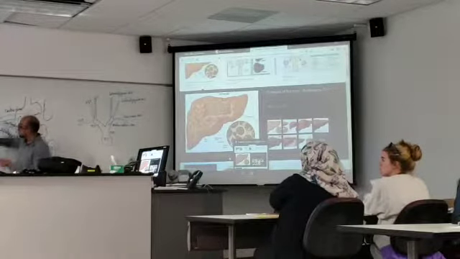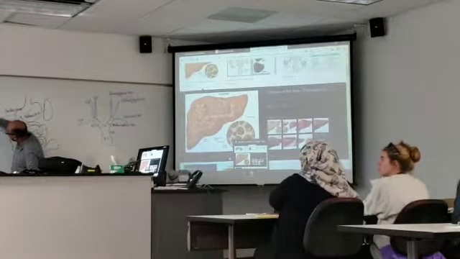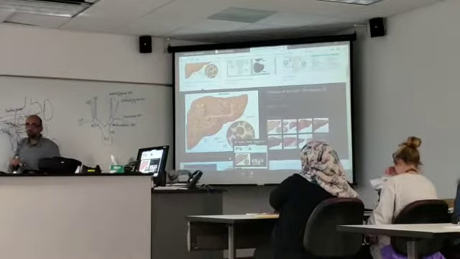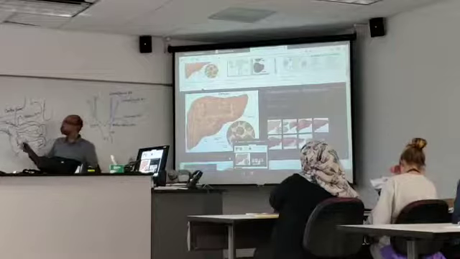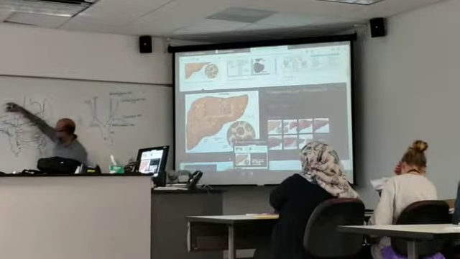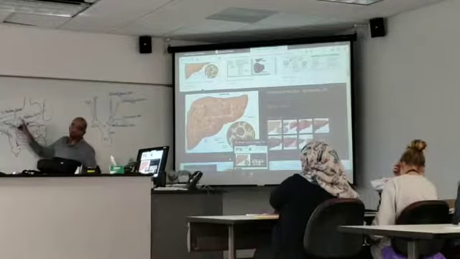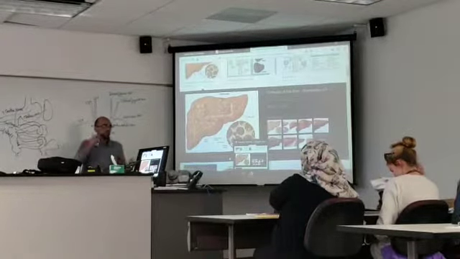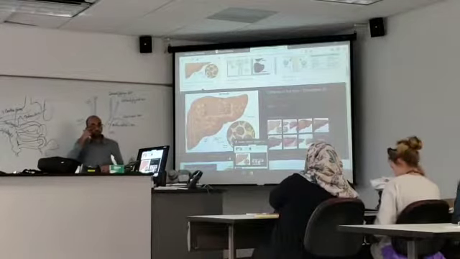So what's going to happen? The blood pressure in my portal vein will be increased. So what's going to happen to the blood pressure in my gastric veins? Increase. And spleen? Increase. Small intestine, large intestine, all will be increased.